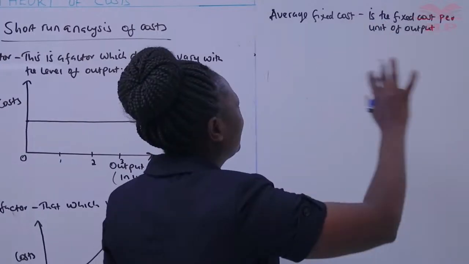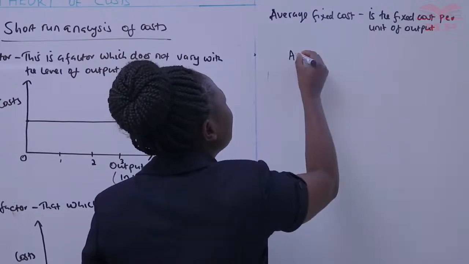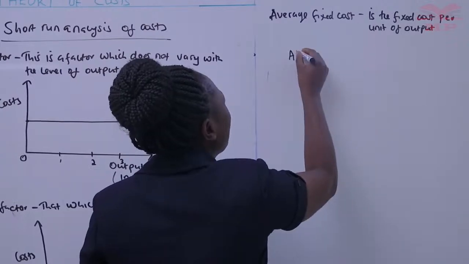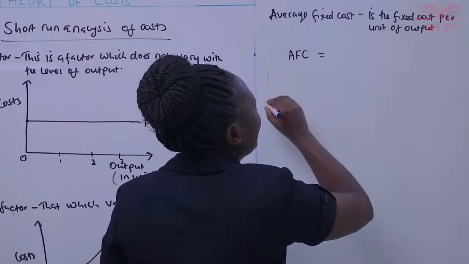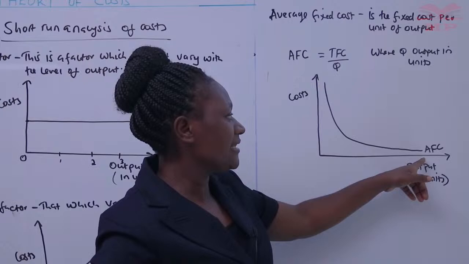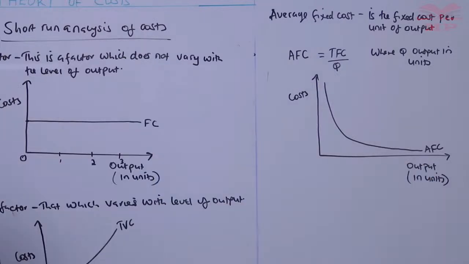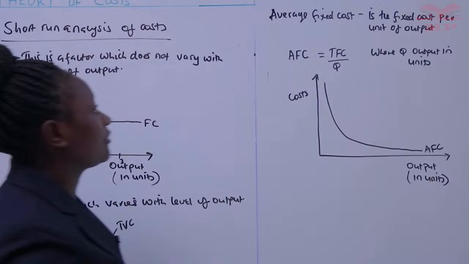To get average fixed cost, we simply take the total fixed cost and divide by output. The curve can never reach the x-axis. That is the average fixed cost.